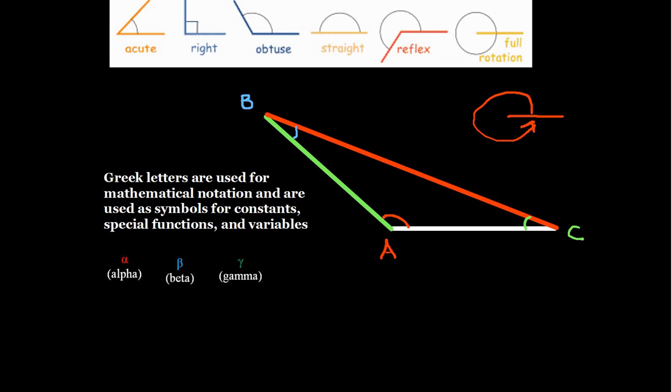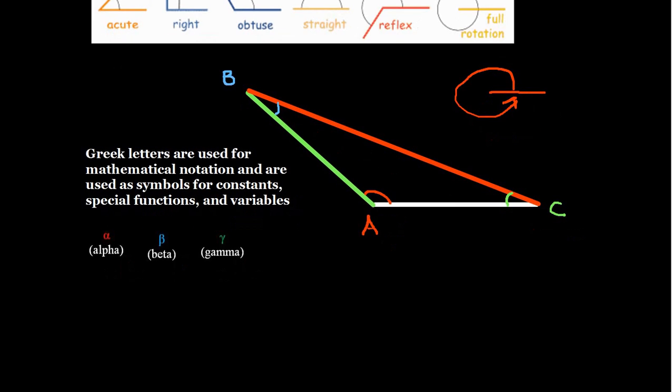The more common way to label angles in mathematical notation is to use Greek symbols or Greek letters. These letters actually represent constants, special functions, and variables. In this case, for example, instead of using A for the first vertex, we can label it with alpha.